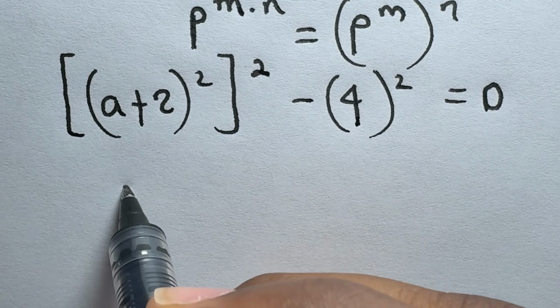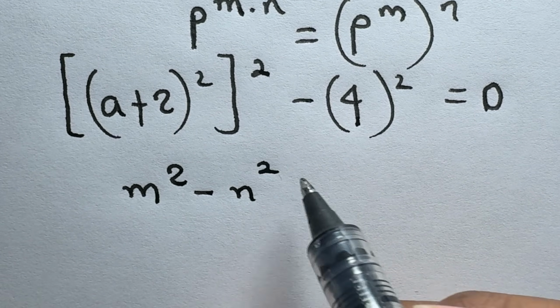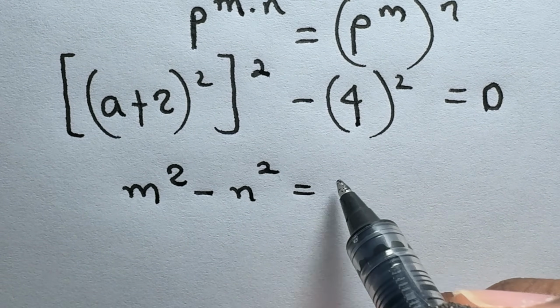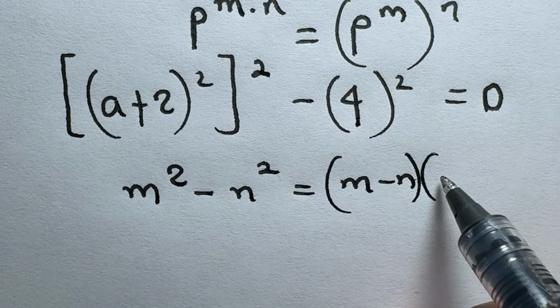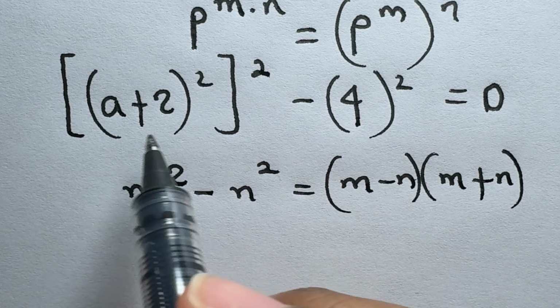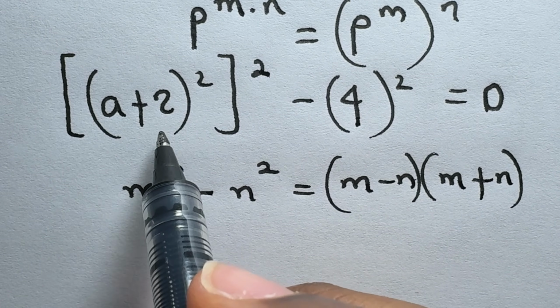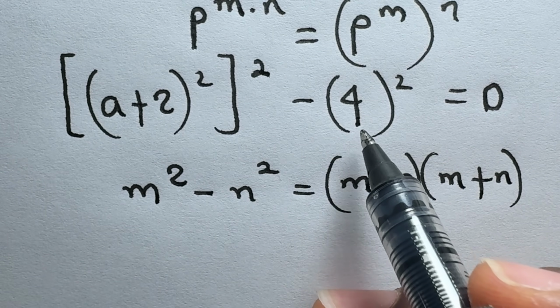Given m^2 - n^2, we can factorize this as (m - n) times (m + n). Our m is (a + 2)^2, and our n is 4.